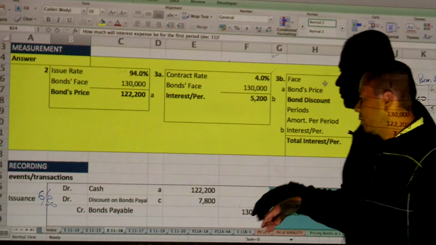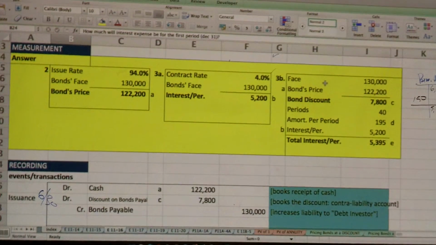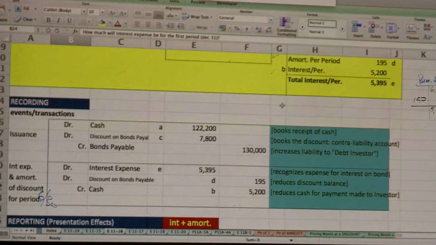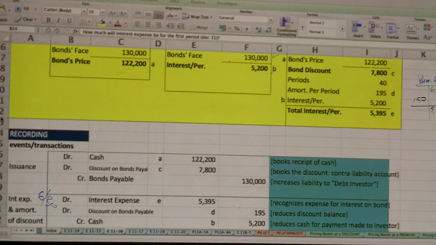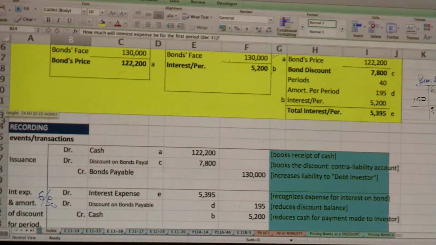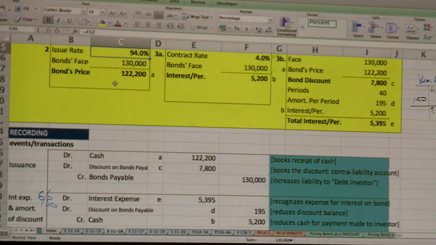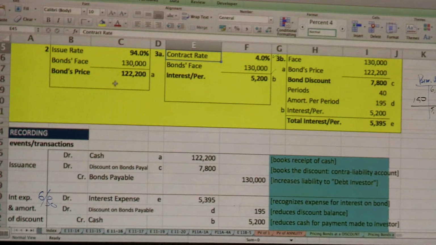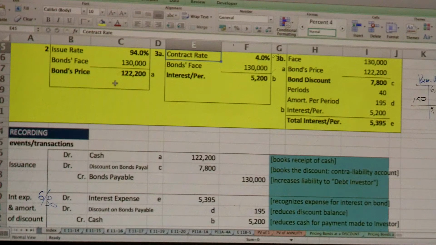With respect to the interest on these notes, let's go down a little bit, right about here. Notice that I'm using the contract rate of 4%. It again represents 6 months.